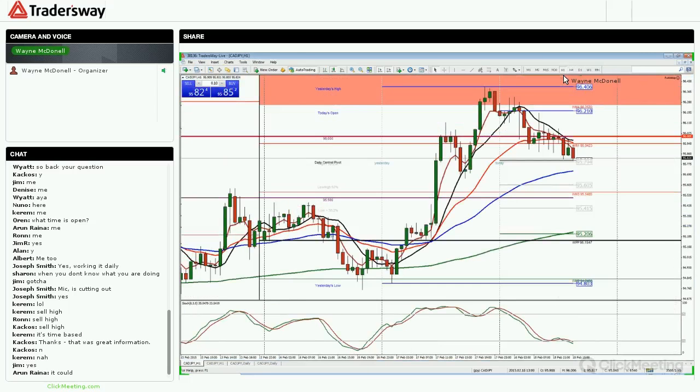Why do you think the CAD yen reversed today? Could it possibly be the weekly pivot profit zone? Or do you think it's just a random walk?